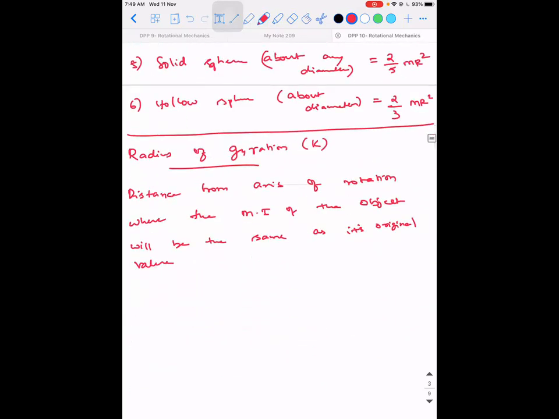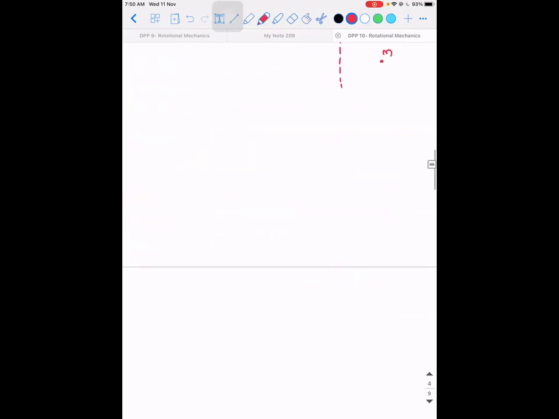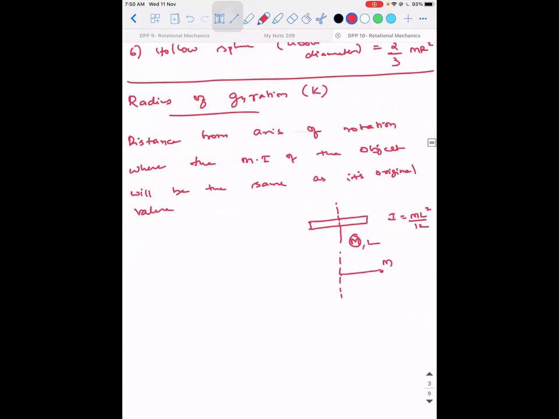So the meaning of it is, see, if I take a rod of mass capital M and length L, what is the moment of inertia about its perpendicular bisector? That is ml square divided by 12. Okay. But from the same axis of rotation, if I place a particle mass of same value m, then I should place it at a distance k, which is called the radius of gyration, in such a way that the moment of inertia of this particle mass according to the formula is mk square.